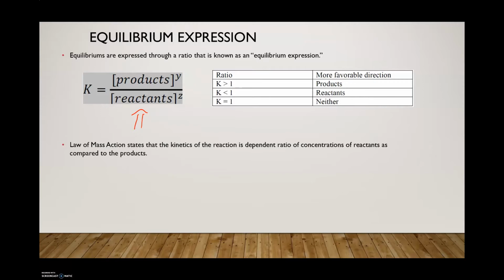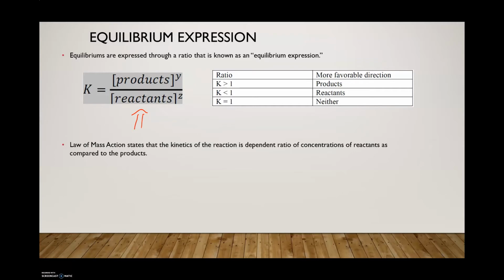Now, this equilibrium expression also solves for K, which is the equilibrium constant. This constant is dictated by how the ratio is set up. If you look to the right, you'll see a table where we have the ratio and the more favorable direction. Remember, this is just simple math.